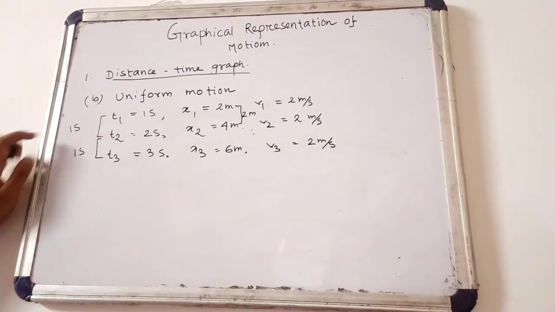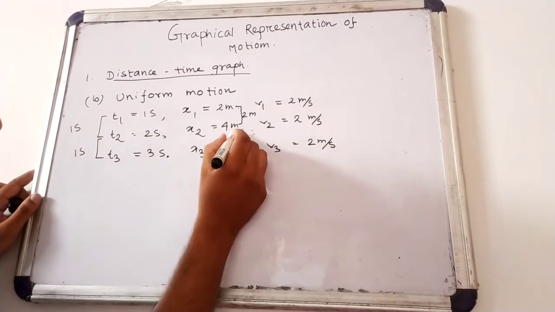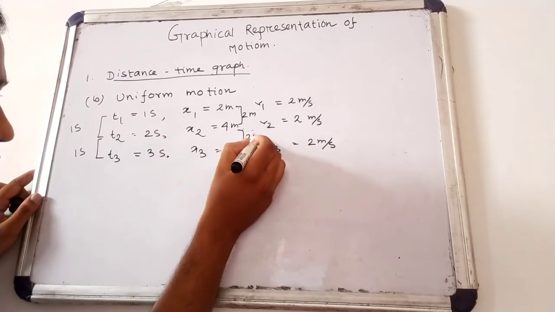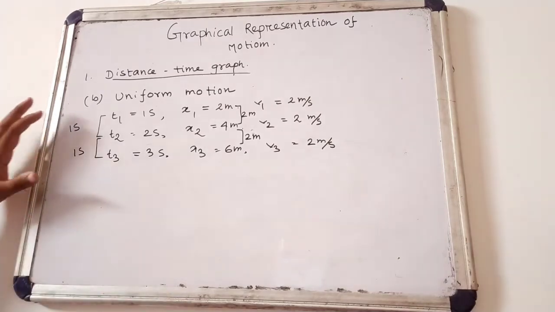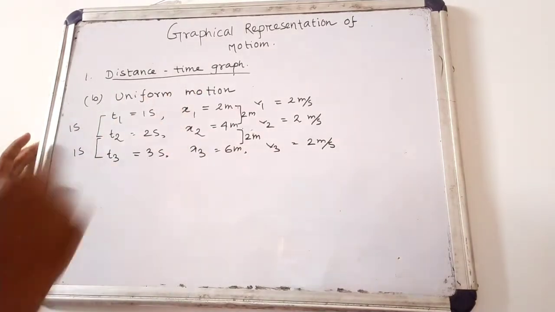Here also in a 1 second time interval, it covers a distance of 2 meter. So the meaning is that in a time interval of 1 second, the object always covers 2 meter distance, that means equal distance in equal intervals of time. This type of motion is called uniform motion.